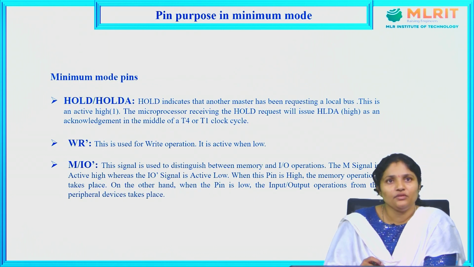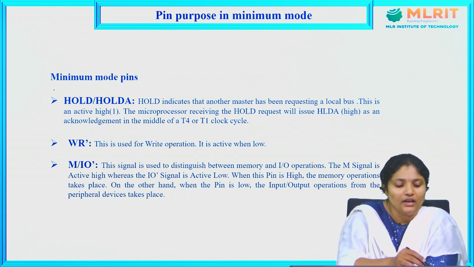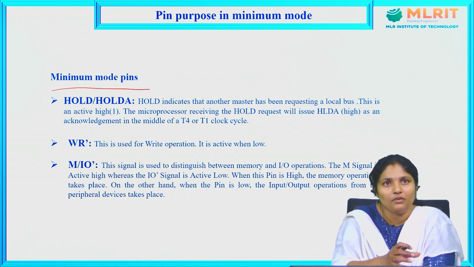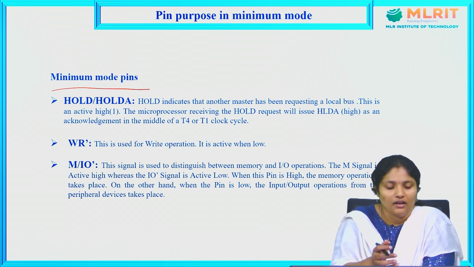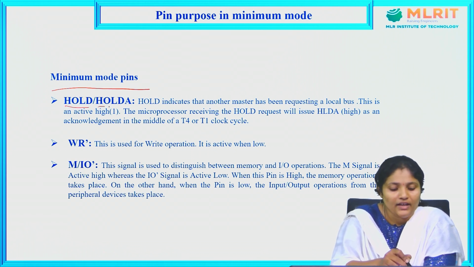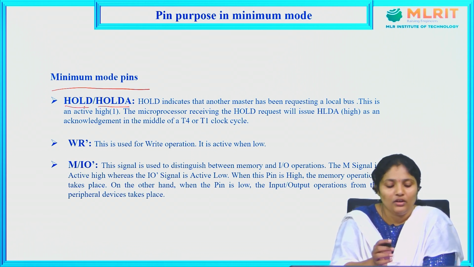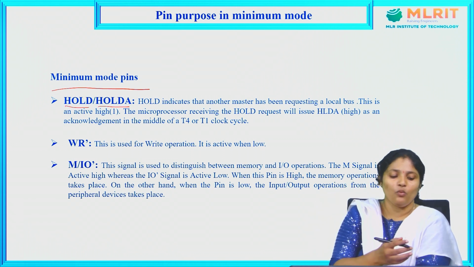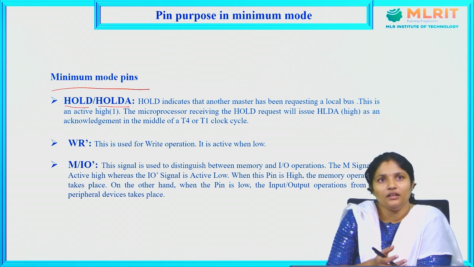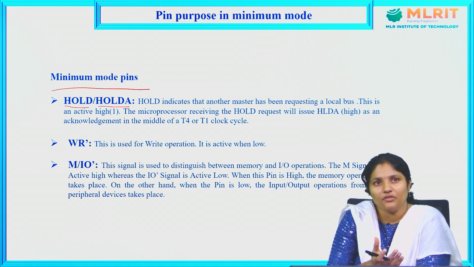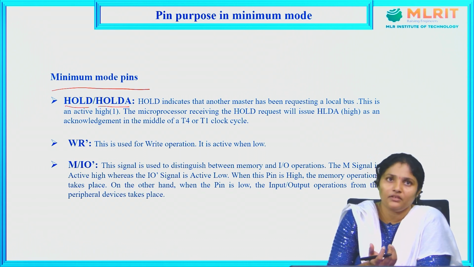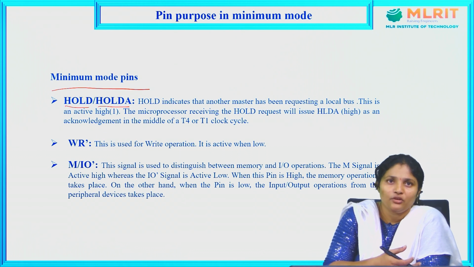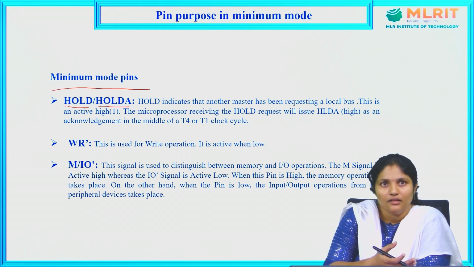Next, coming to the pins specified in the minimum mode. What are the pins? Hold and hold acknowledgement. If other processors or peripheral devices want the system bus, they need to ask the microprocessor to free the system bus.